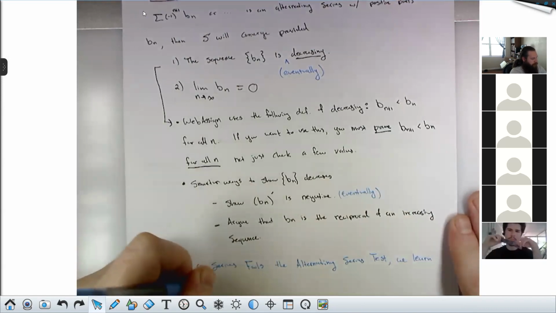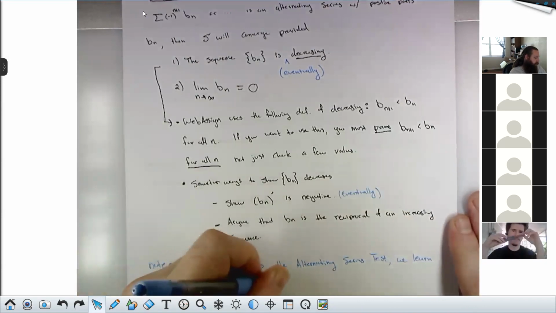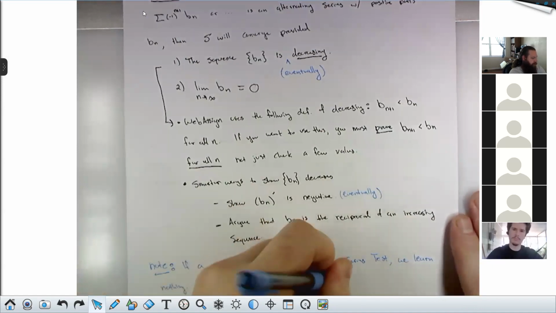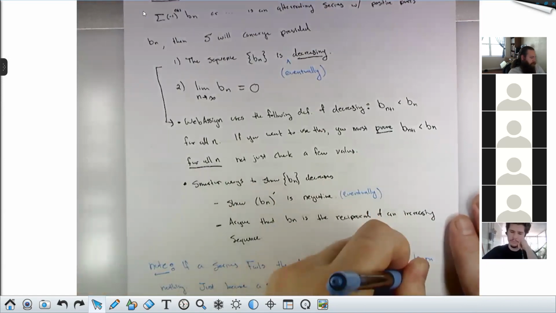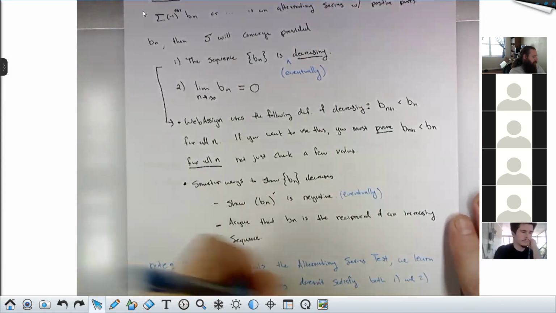Just because a series doesn't satisfy both 1 and 2 above does not mean the series diverges.